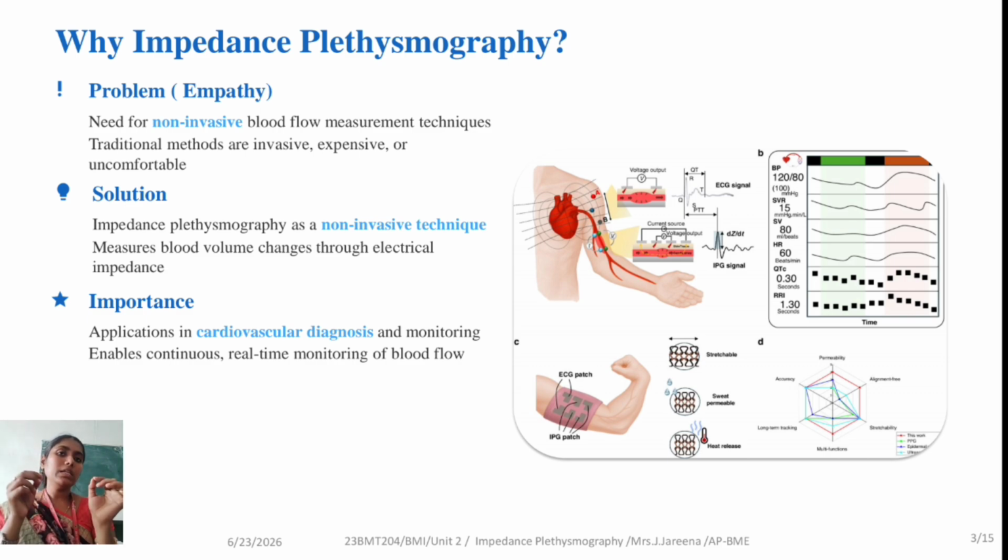That is why it is called impedance plethysmography. It is important for cardiovascular diagnosis or monitoring, and enables continuous real-time monitoring of blood flow.